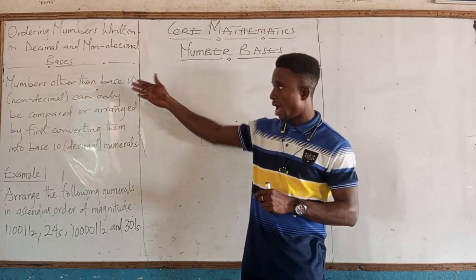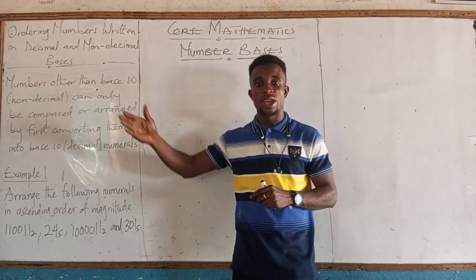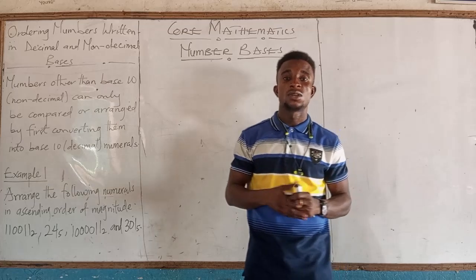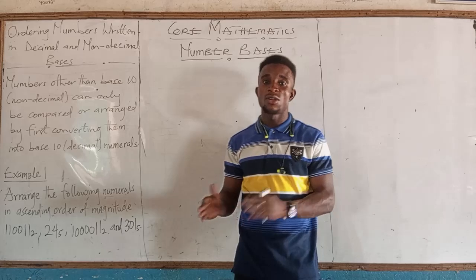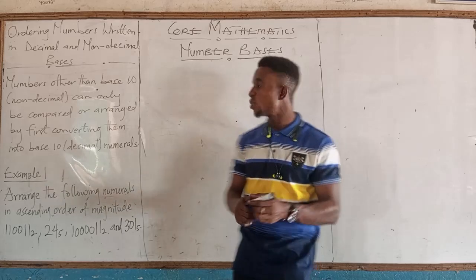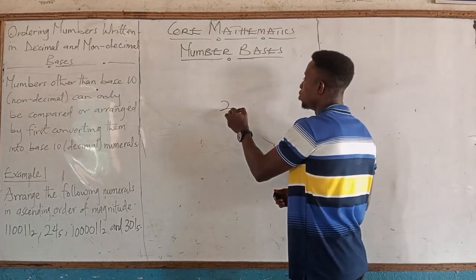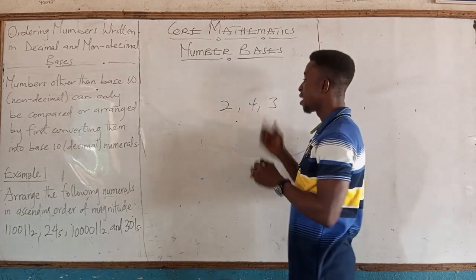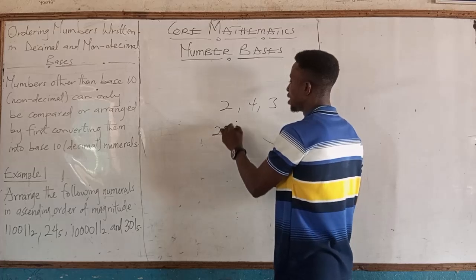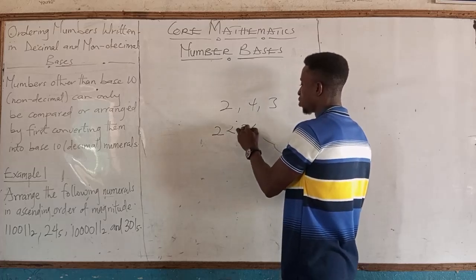And also, I spoke about comparison or compare. In comparison, we use either the equal sign, the less than, or the greater than sign. So the numbers will be given to you like 2, 4, 3, and you'll be asked to compare these numbers. You say 2 is less than 3, which is also less than 4.